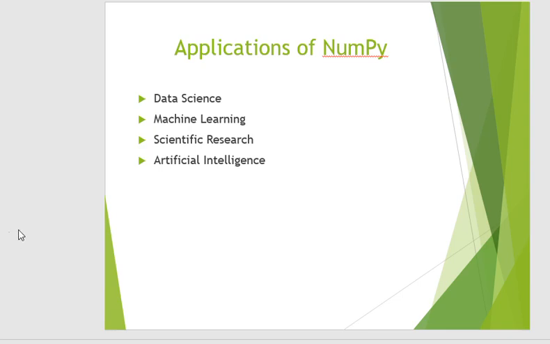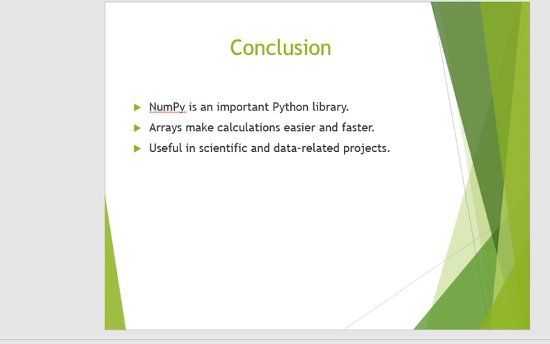NumPy is widely used in data science, machine learning, scientific research, and artificial intelligence applications. In conclusion, NumPy is a powerful Python library used for numerical computing. NumPy arrays are efficient and easy to use, making them essential for modern programming and data analysis.